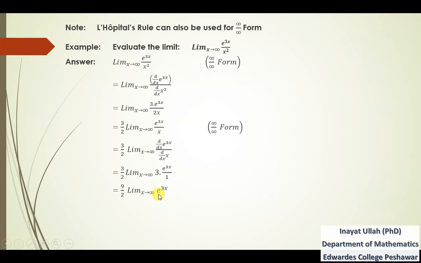Now we are able to replace x by infinity here, because this is not a rational function, it is an exponential function. Replace x by infinity, and e power infinity is infinity. Infinity into something is infinity. So the limiting value of this function is infinity.